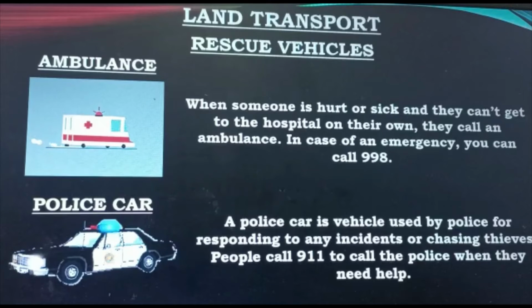So here comes our first rescue vehicle, which is an ambulance. See, when someone is hurt or sick, where do they go? Who comes to your place? Whom do you give a call to? You, of course, call the hospital, right? And then people who are not able to go to the hospital on their own and who are not feeling that well.